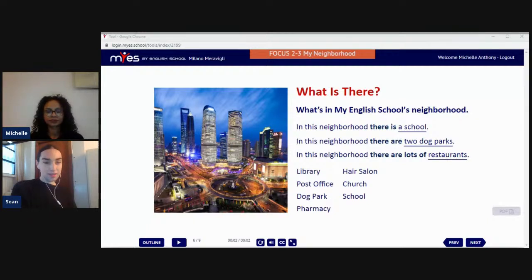There are many pharmacies, many clothes shops, many bars. It's very central in Milan where a lot of activity, very lively, I would say. Absolutely. But there isn't a library.